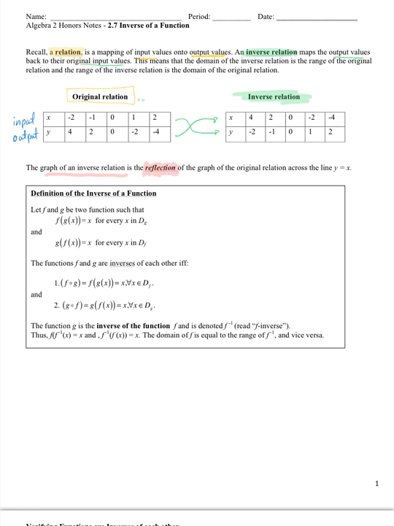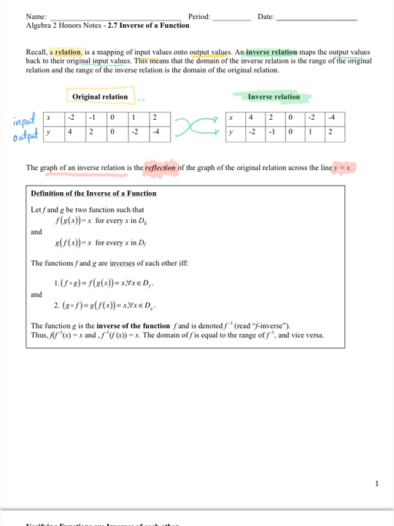So the inverse is a reflection of the original relation across the line y equal x. So this is very fascinating, and we'll have to do the activity together. I wanted you to do a discovery activity to discover what it is graphically, but we can do that later since I'm not there.